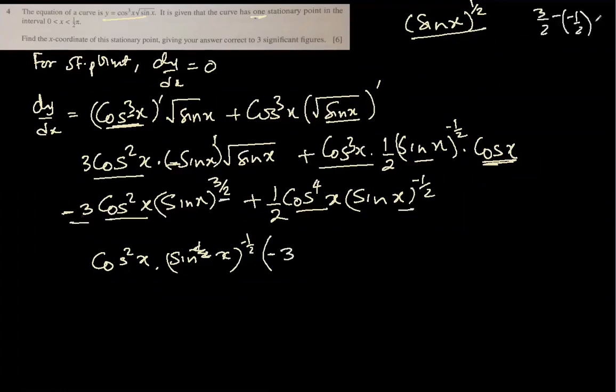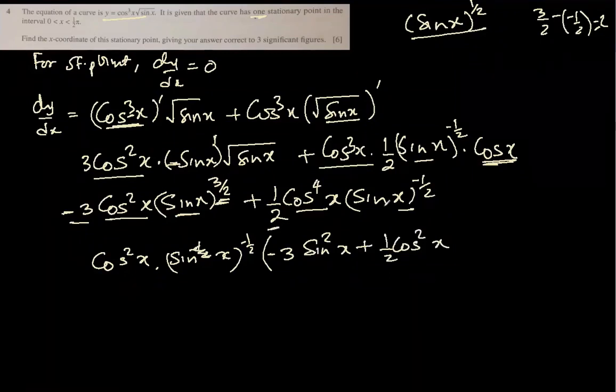So basically this will be sin square x when we take minus half common, because 3 over 2 minus half is 1, so we can write square here. Alright, plus we have half, this one, cos to the power 4, cos square is also out, so cos square is left. And here sin x to the power minus half is already out, so no need to write it, we got it.